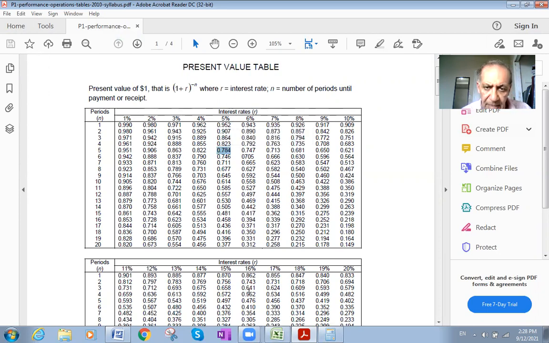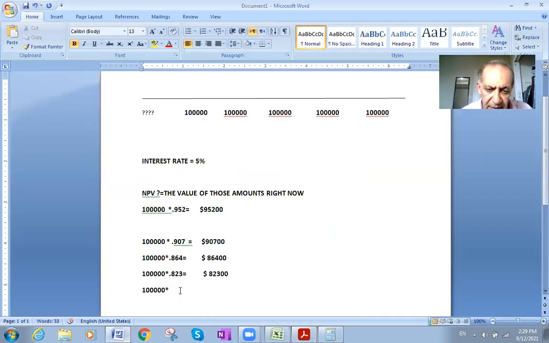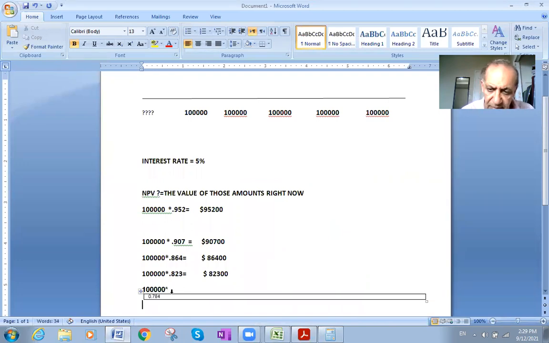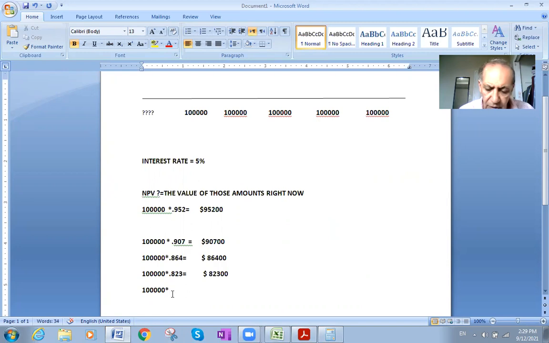Control and C. Then we'll take it like this here, 0.784. So this will equal 78,400. That will be how it looks after we finish it. So this is in dollars as well.